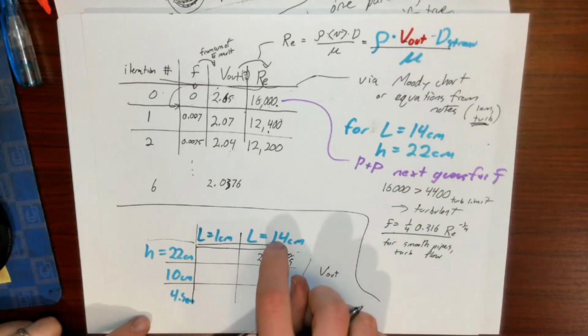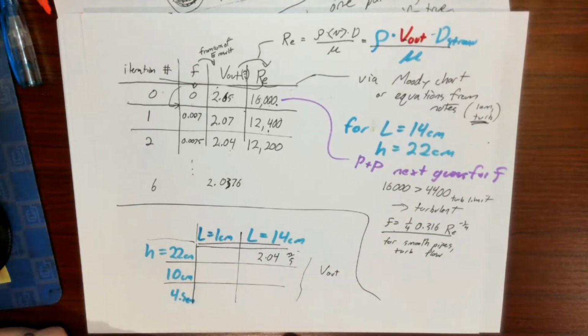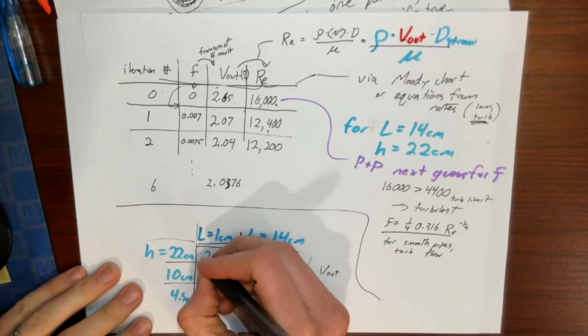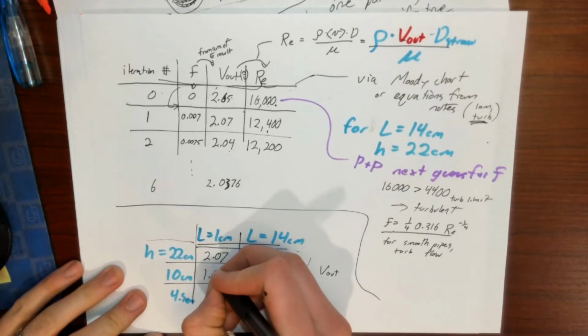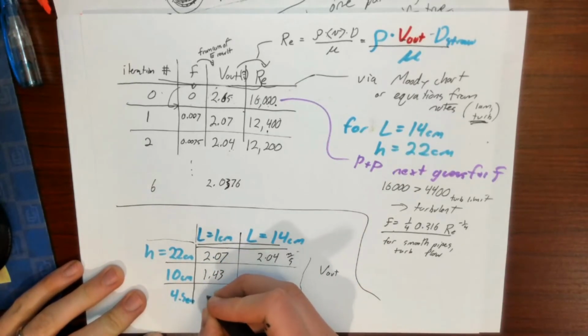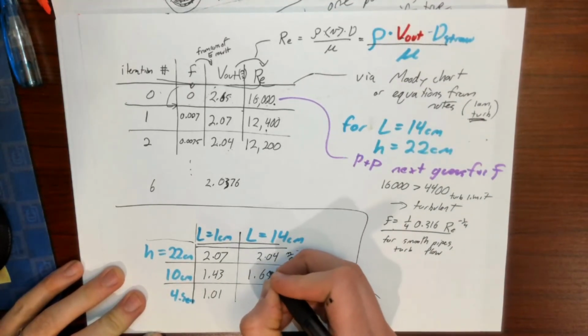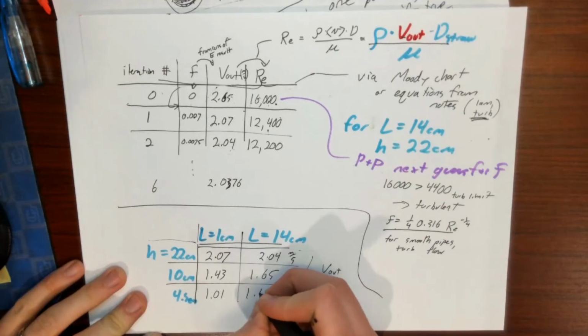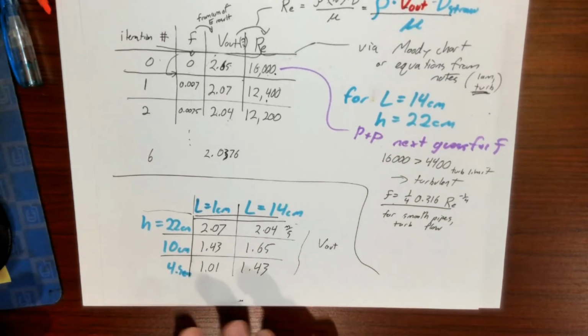I repeated this iteration process 5 more times for these different combinations of L and H, and ended up with 2.07, 1.43, 1.01, 1.65, and 1.43.